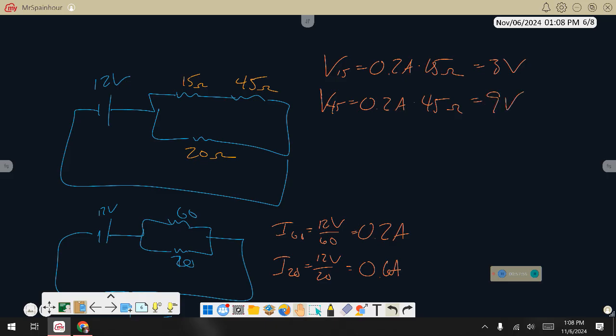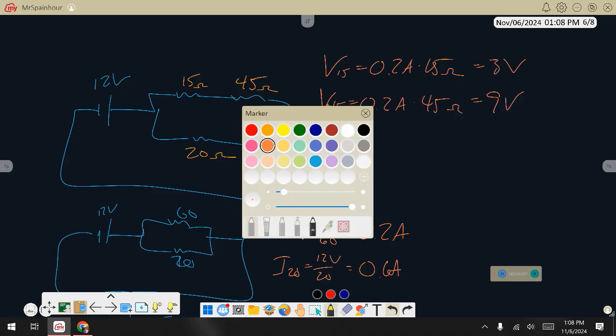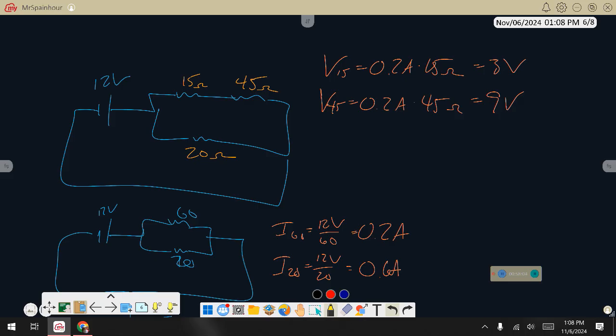Now, what I was mentioning a second ago is the difference between potential difference and voltages. Here's how you can think about it. This charge right here is 0 volts, or 0 joules per coulomb. This charge here, 12 joules per coulomb. As you step down through this one, we said it uses all 12 volts.